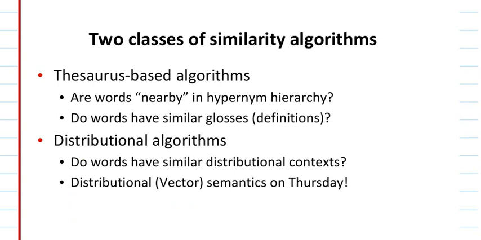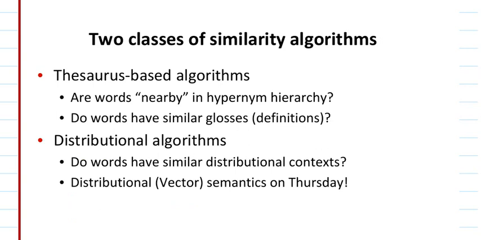So there are two types of similarity algorithms. We have already seen the distributional algorithms or distributional semantic algorithms, in which we use vectors and generate word vectors in order to calculate the similarities. The next one is the thesaurus based algorithms.